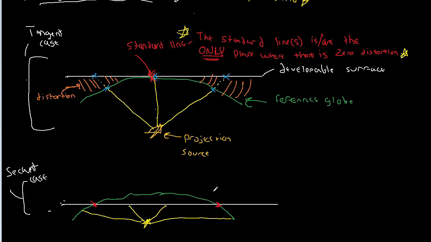So if we extend this out a little bit, right? If we draw the ray that goes there, that goes there, there, there, right? And again, the idea is the relationship between where the point is in the reference globe compared to where it is on the projection.